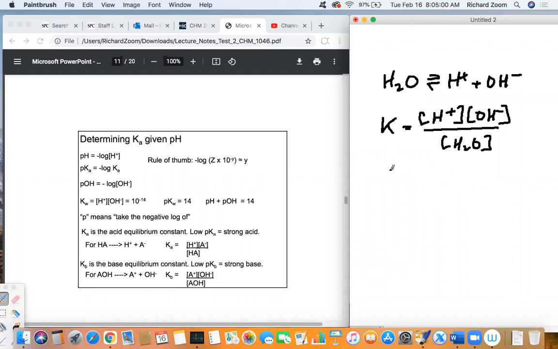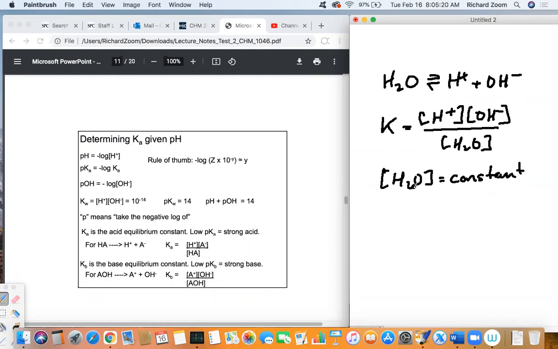Now it turns out that the concentration of water is a constant value, because there's just so much of it in any given aqueous solution. We can actually measure it.